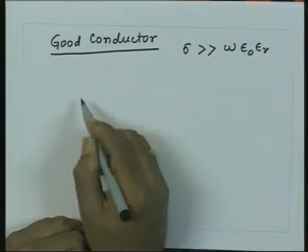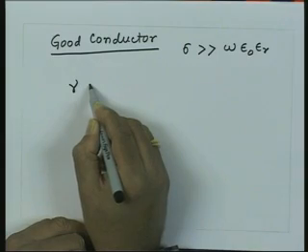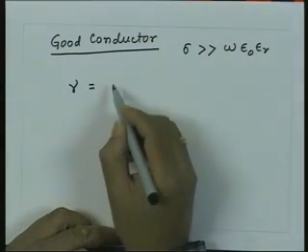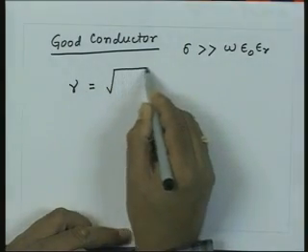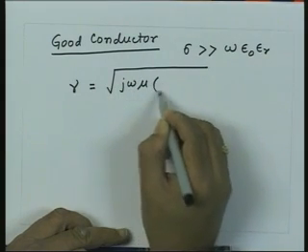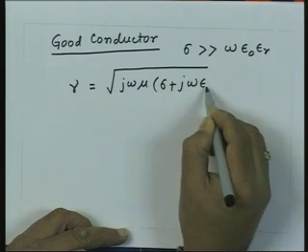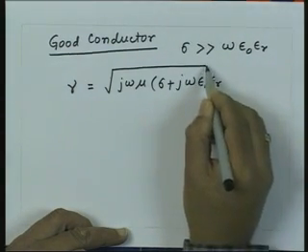So as we have seen, the propagation constant gamma for this medium will be the square root of j omega mu into sigma plus j omega epsilon, or epsilon 0 epsilon r.